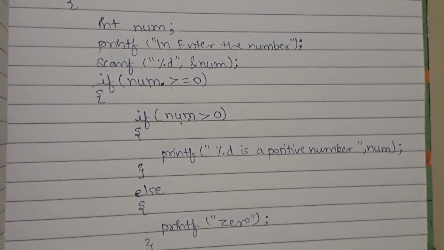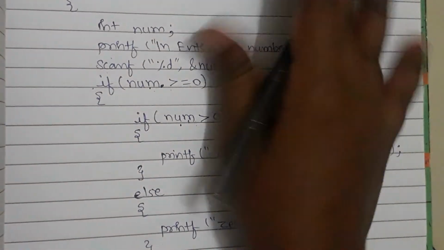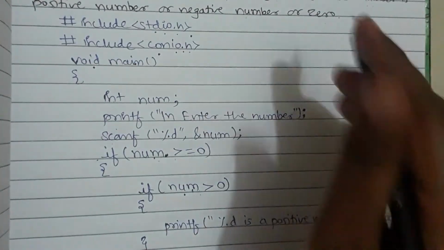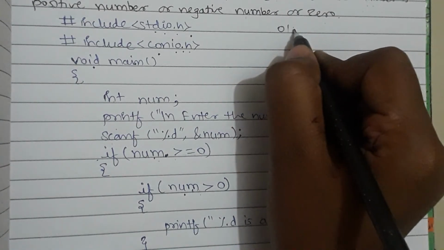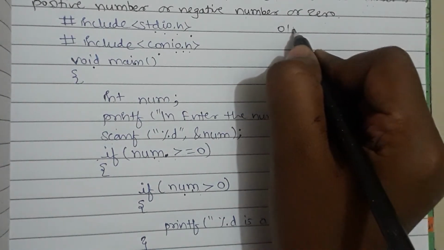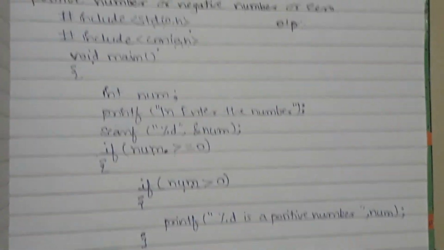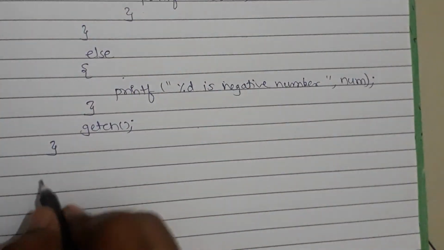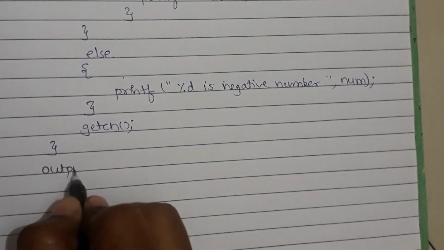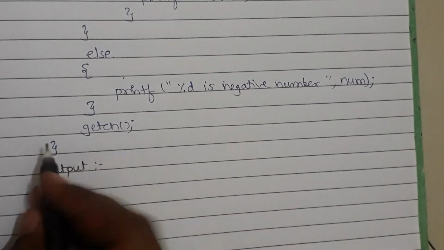Now we will see how my program will be executed. I will consider each case. First, our message will be printed: enter the number.